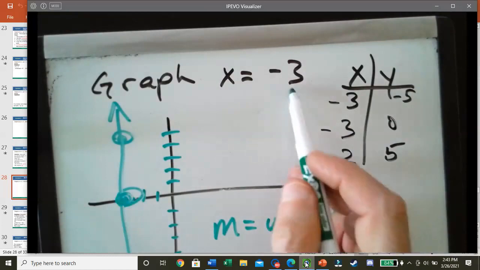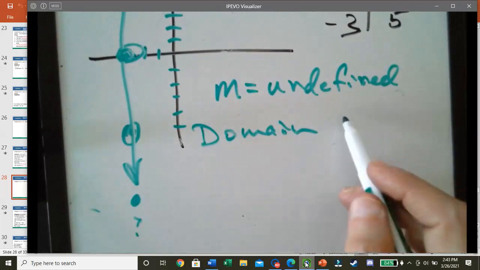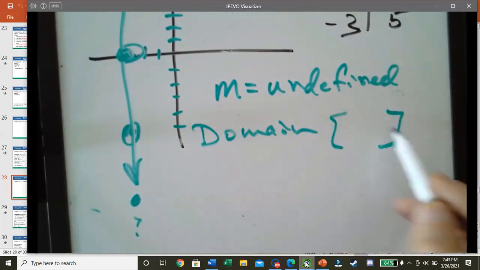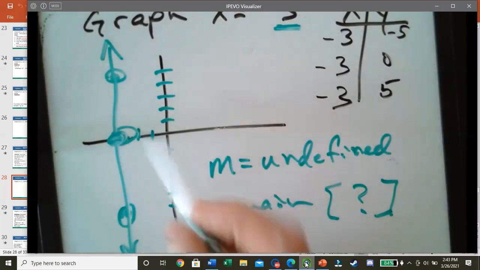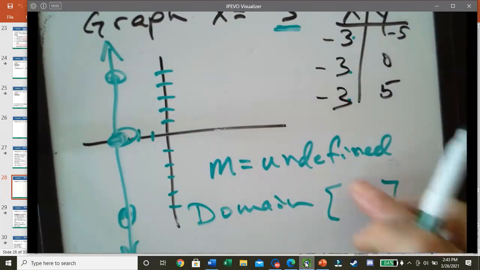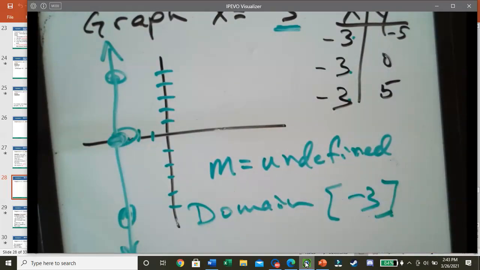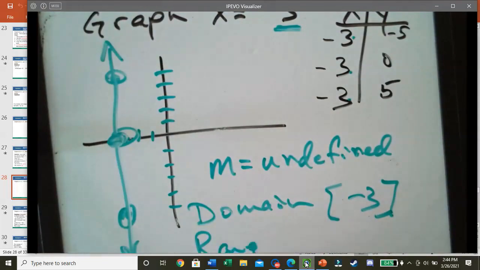What is this x value right here? That's -3, right? Domain is -3. The range, y, is going unrestricted, so it's going to be negative infinity to infinity, right?